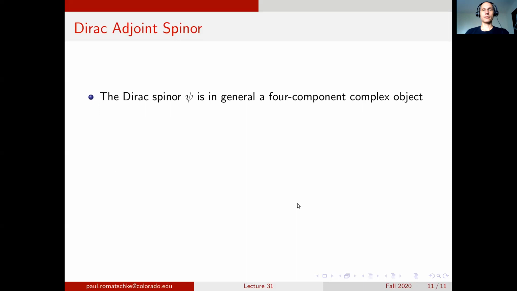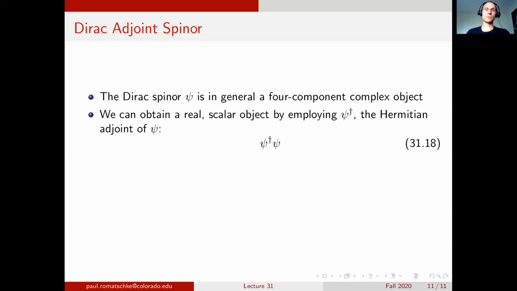Since the spinor psi is in general a 4-component complex object, we need to employ Hermitian conjugation to make a real scalar object. For instance, we could want to write down something like psi dagger psi, where psi dagger is nothing else but the Hermitian conjugate. Then this quantity is real and scalar.